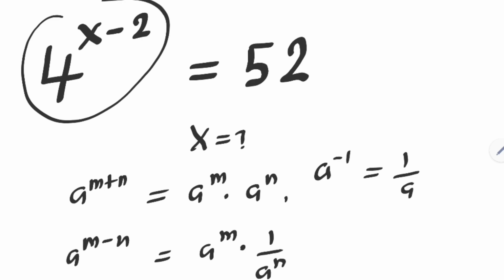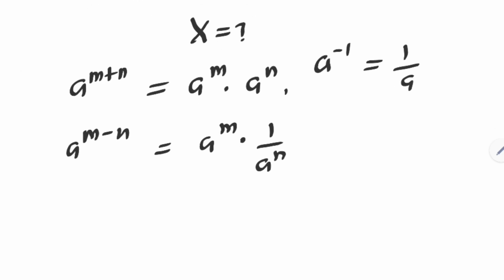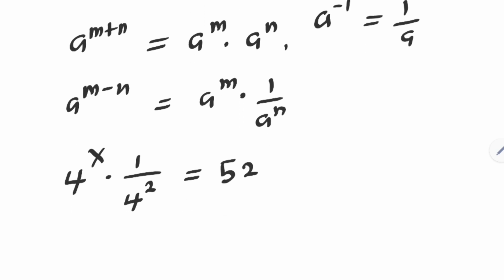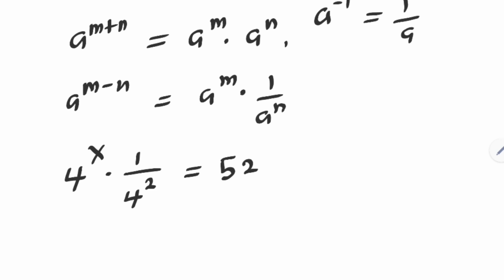Then this can be written as 4 raised to power x multiplied by 1 over 4 square is equal to 52. Here, let us cross multiply.